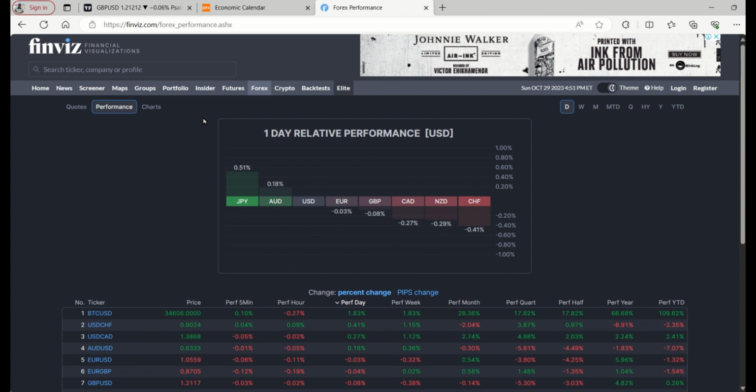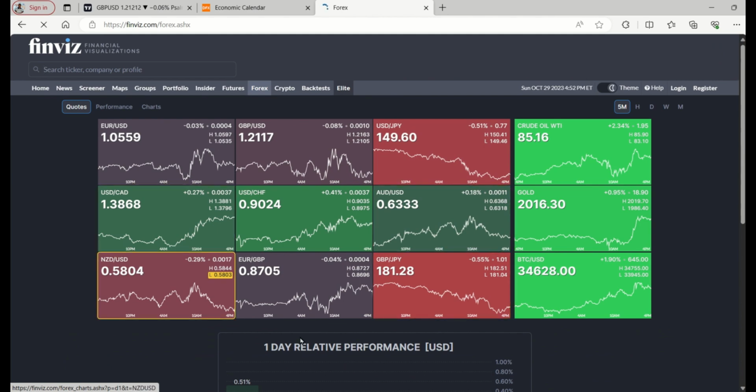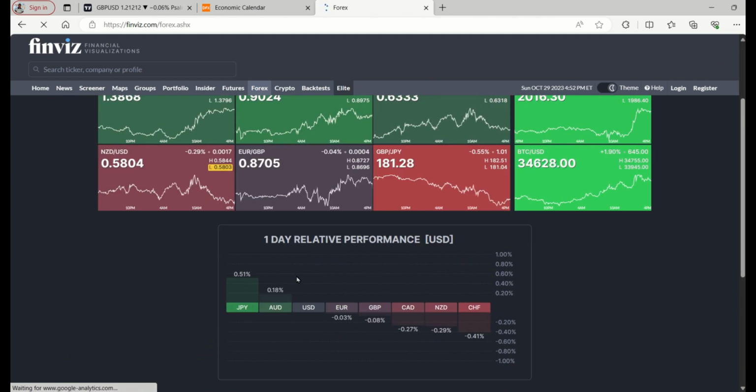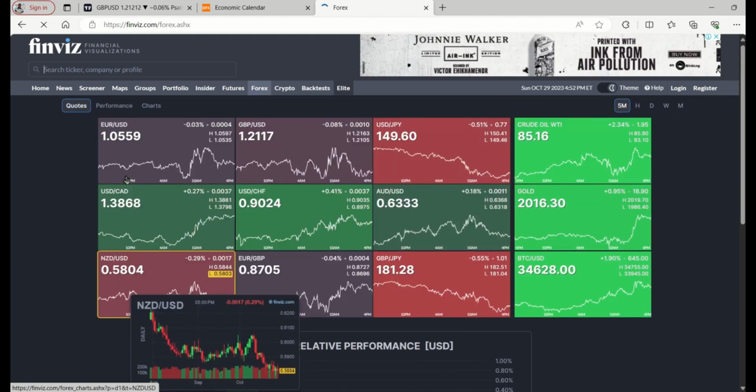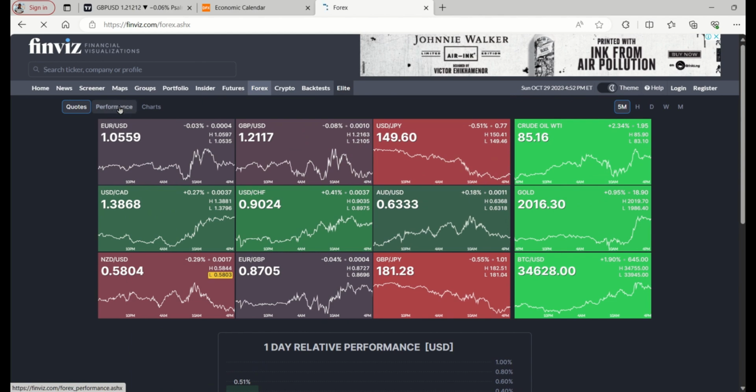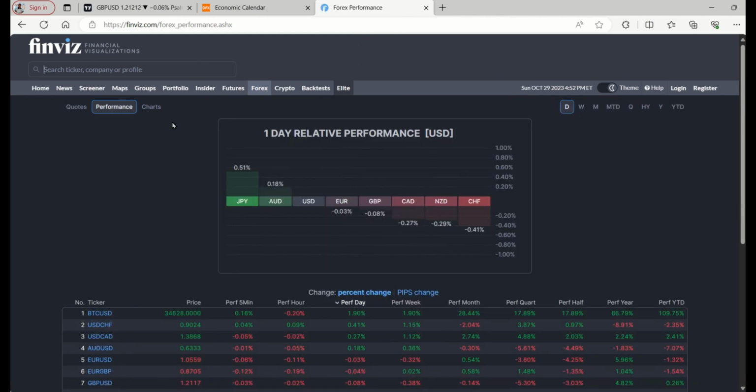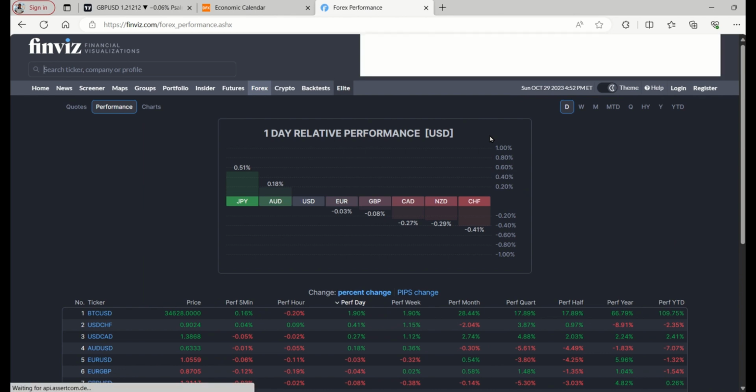Then at the top you see forex. Just click on forex. It's going to show you things about forex. Then you click on performance, it will show you a quote, something like this. So this is going to give you something like this.